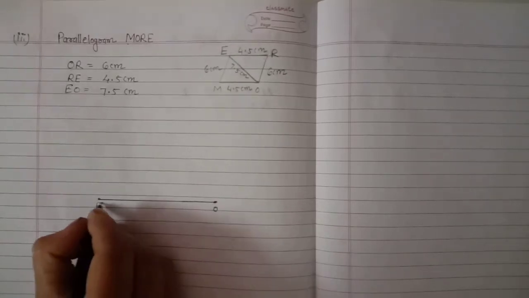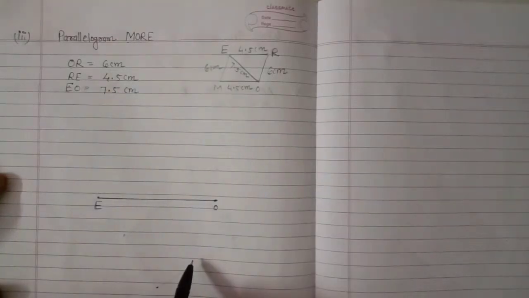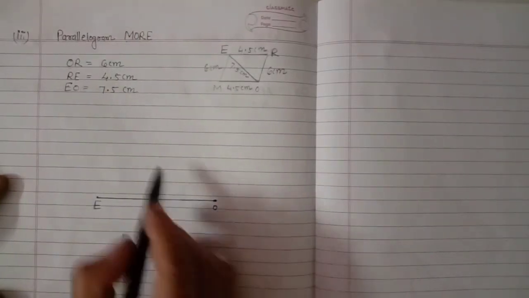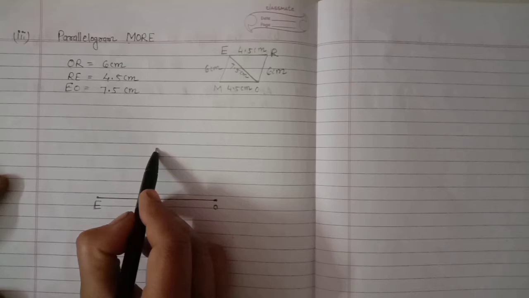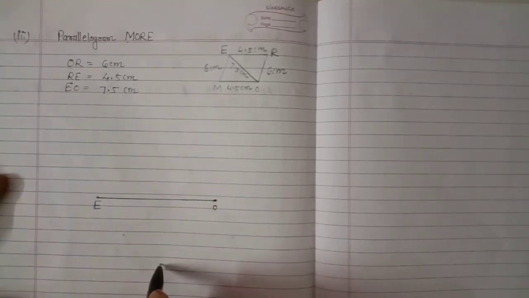EO equals 7.5 centimeter. Student, the MORE is your parallelogram. So O is here, M will come in the upward, R will come in the downward, E.